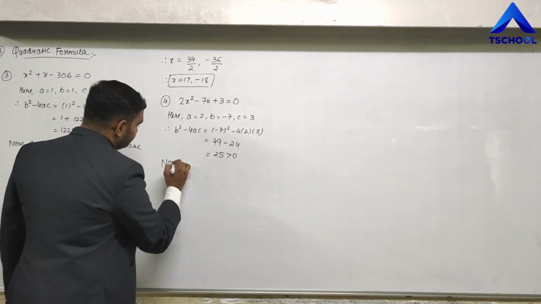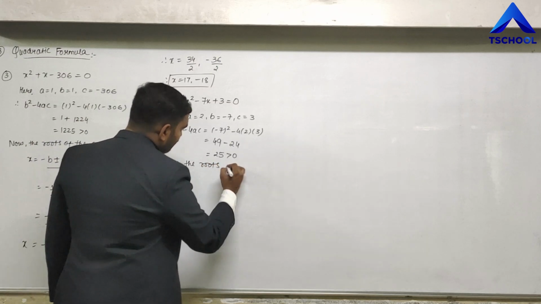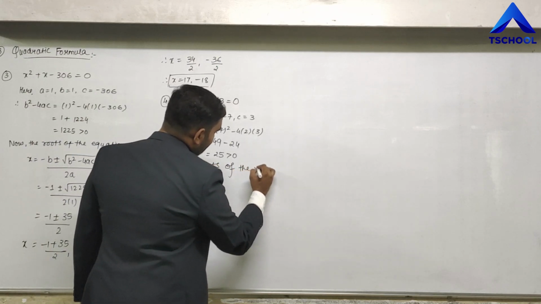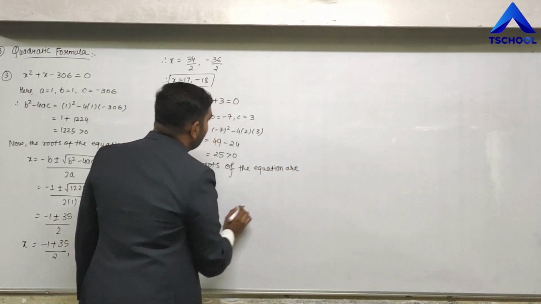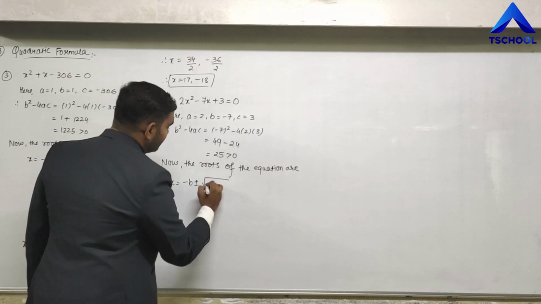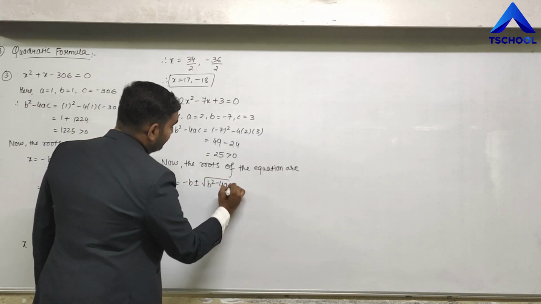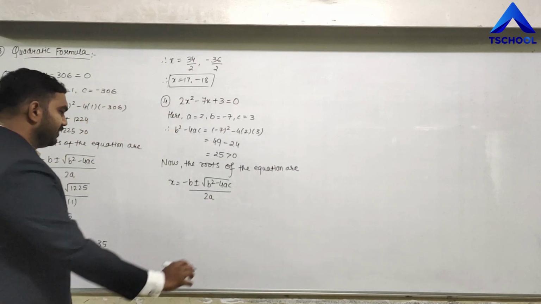Now the roots of the equation are x equals minus b plus or minus root b square minus 4ac upon 2a, right?